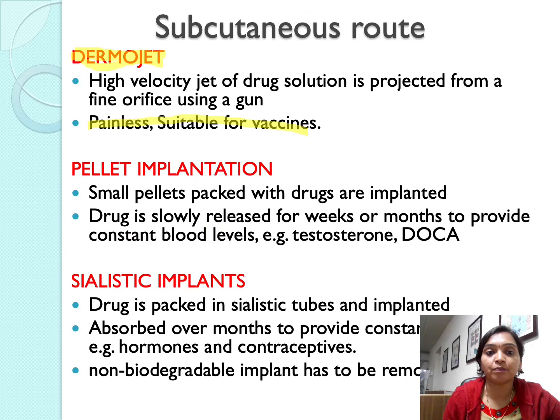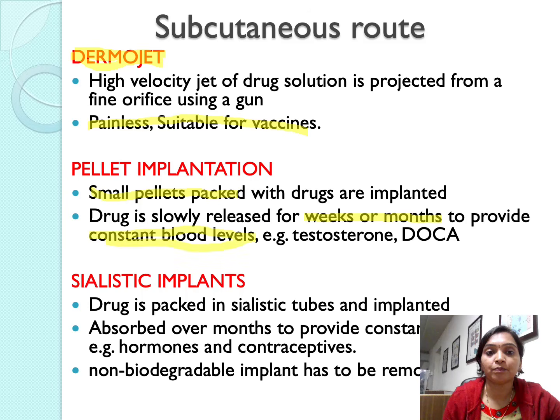Similarly, we have something called pellet implantation. Here the drugs are packed in the form of a pellet, and it is deposited in the subcutaneous layer of the skin. What is the advantage? This can be left for a few weeks or months, so that a constant plasma concentration of the drug can be provided.